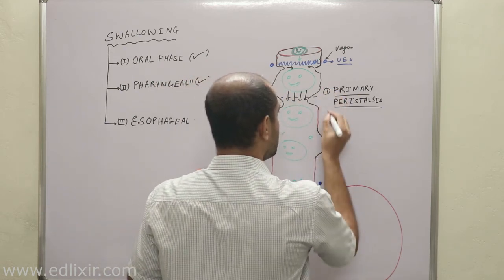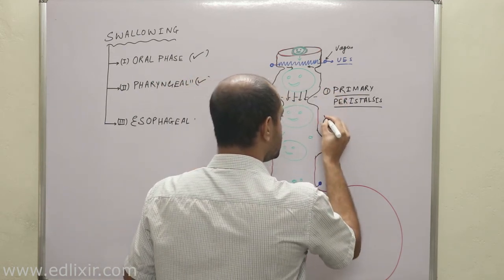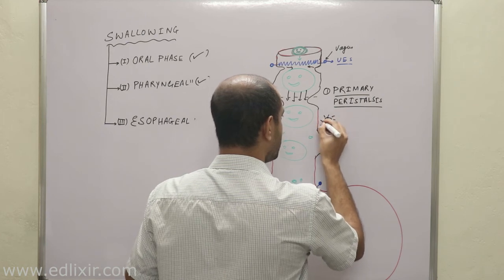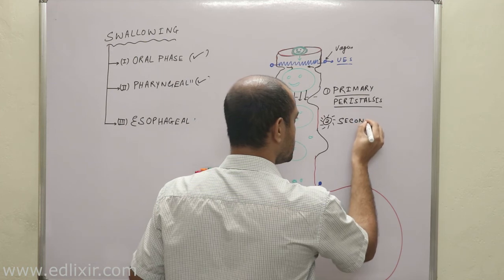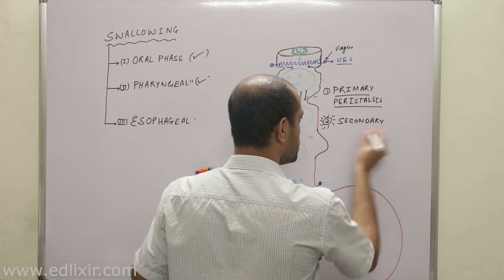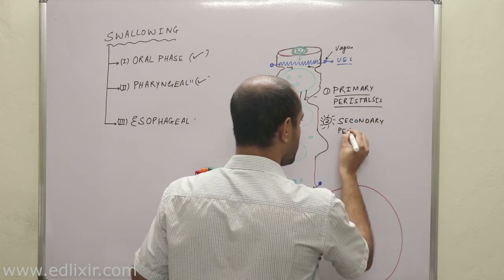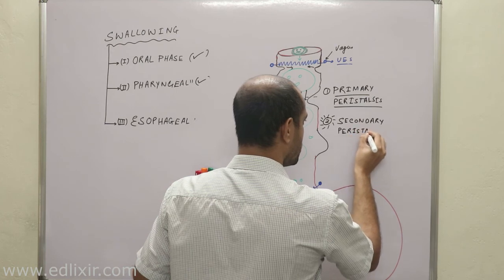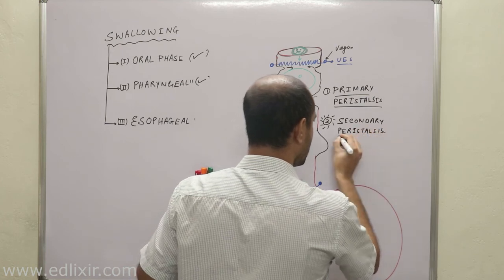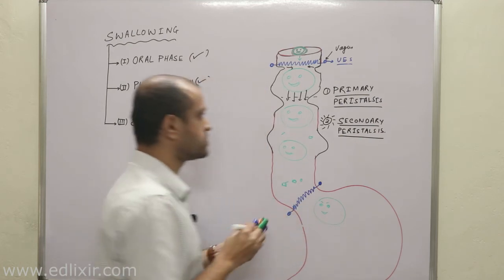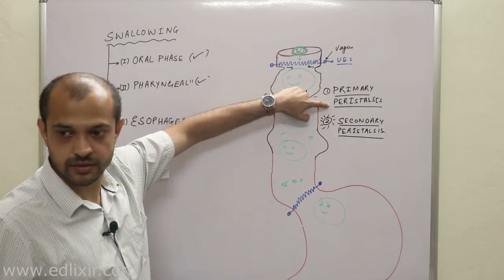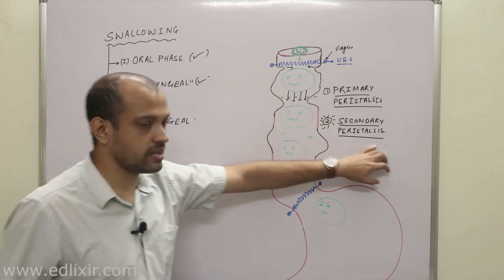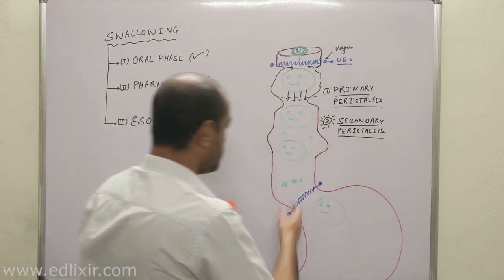After the first or primary peristaltic wave, a secondary peristaltic wave will hit, okay. Clear? After this primary peristalsis wave, this secondary peristaltic wave will hit, and the remaining food will go into the stomach.